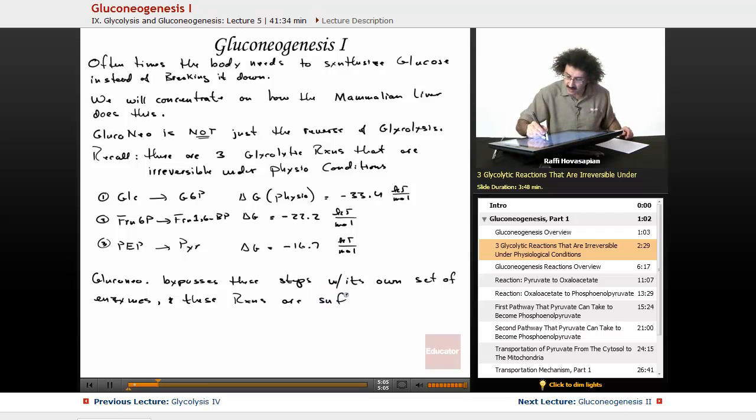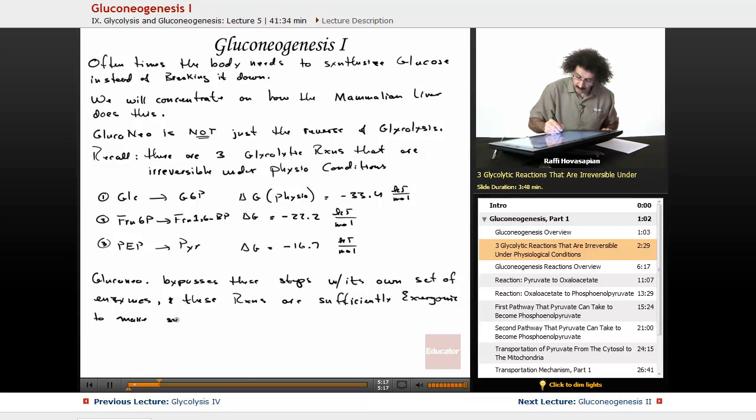Well, these reactions are sufficiently exergonic to make sure that they are irreversible in themselves.